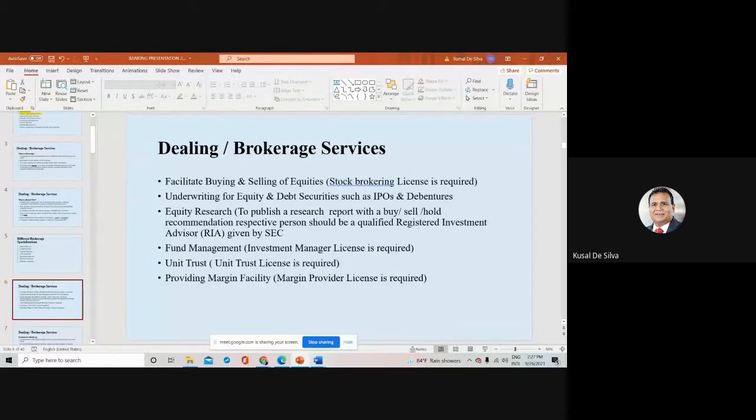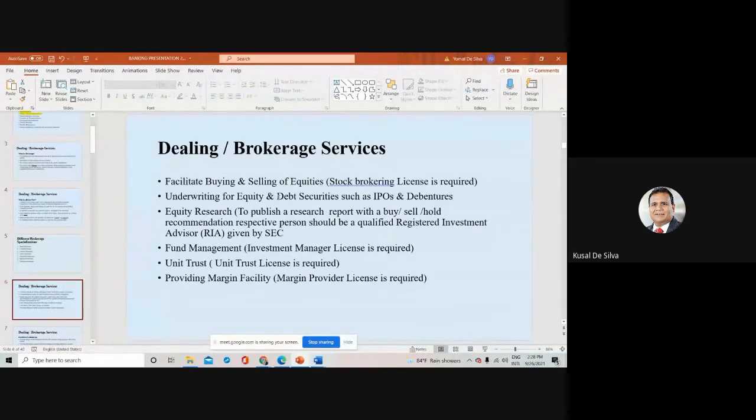Even debt securities like debentures: most companies, or a bank for that matter, issue debentures to raise funds for different purposes. They have Basel III requirements, so they want to support their tier 2 capital.